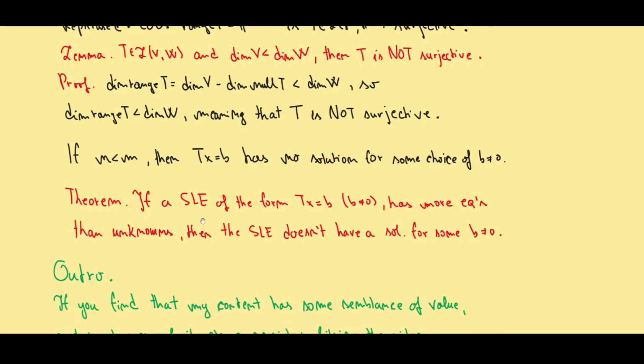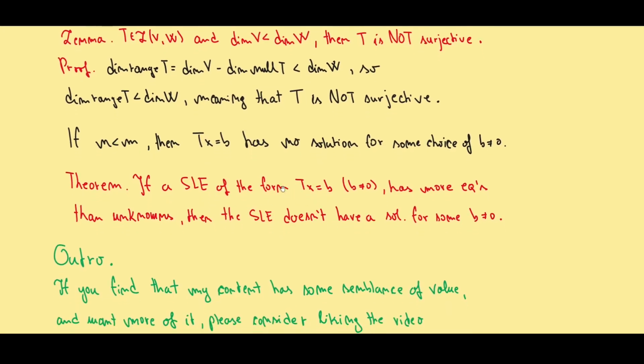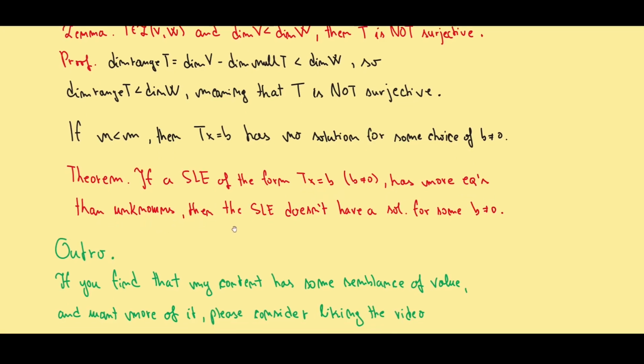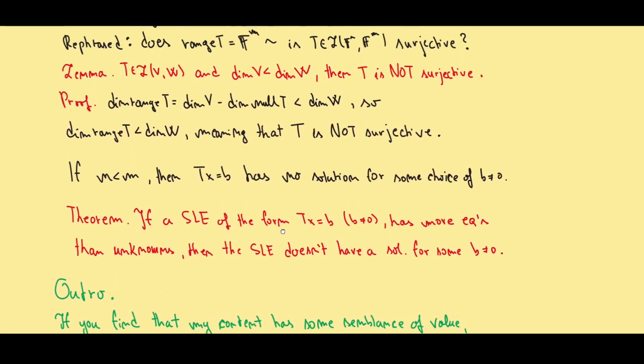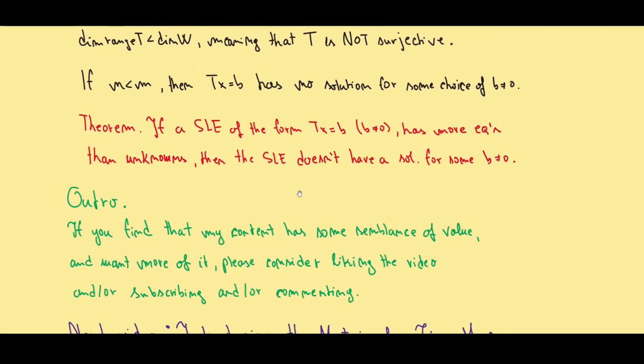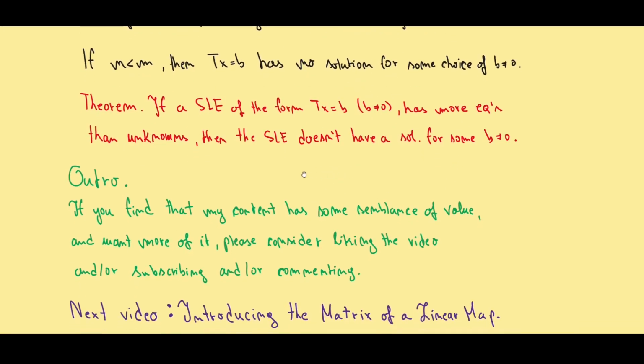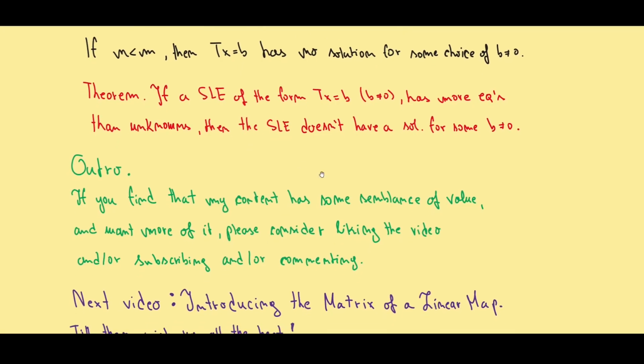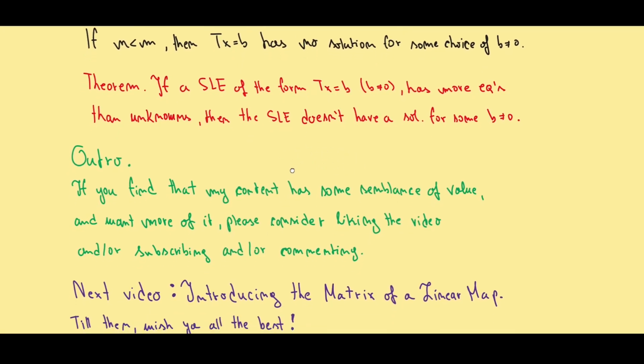So if a non-homogeneous system of linear equations of the form Tx equals b has more equations than unknowns, then the system doesn't have a solution for some b. So yeah, that would be it. We went from systems of linear equations to linear transformations, and then using the rank nullity theorem, we established some pretty nice results relating to whether a specific system has a solution or not.